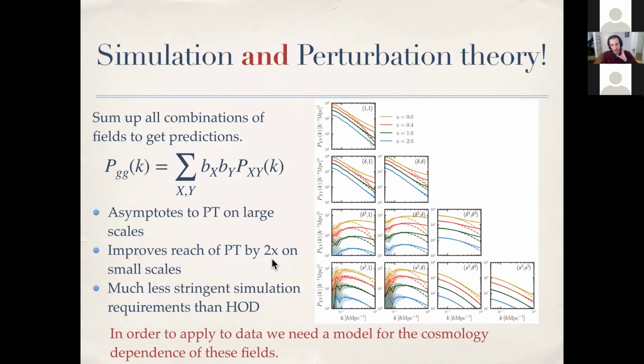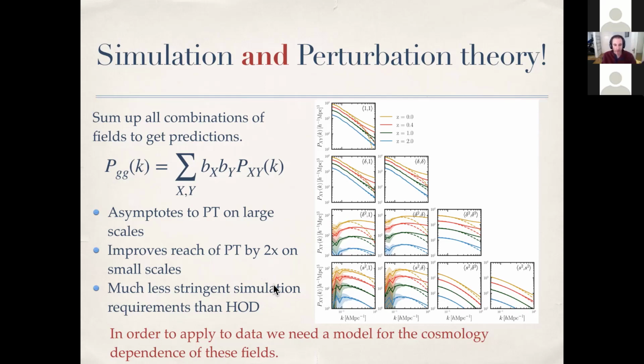And the other really nice thing about this model is that it has much less stringent requirements in our simulations. We're not sensitive to all the details of finding halos in our simulations, and because of that, we have much better control over the convergence properties of these predictions.